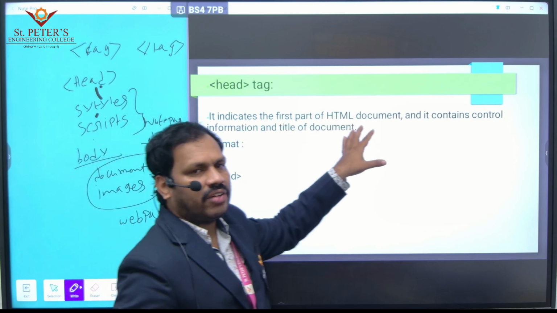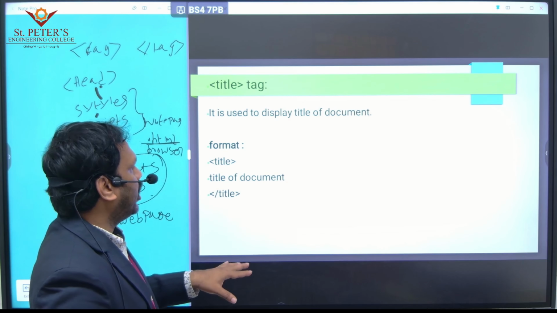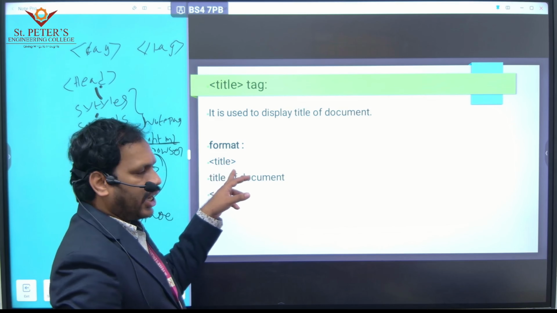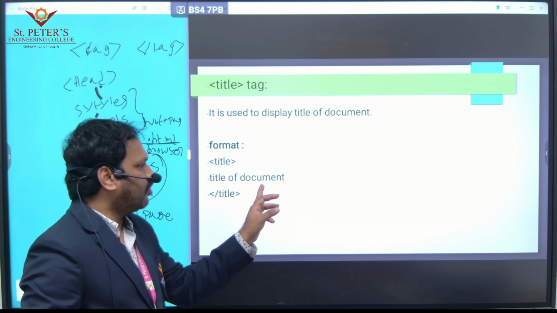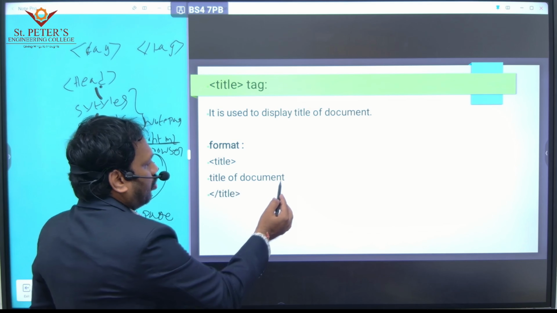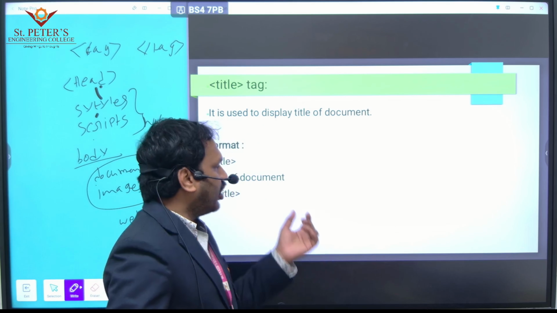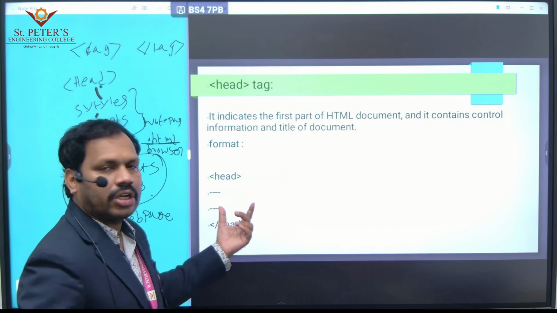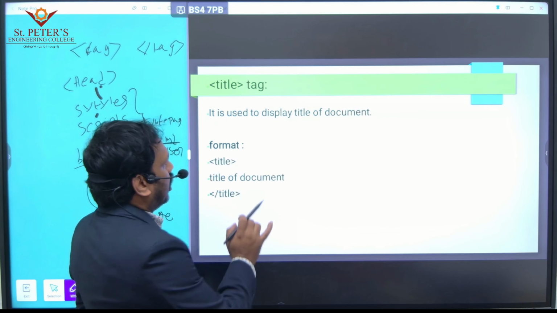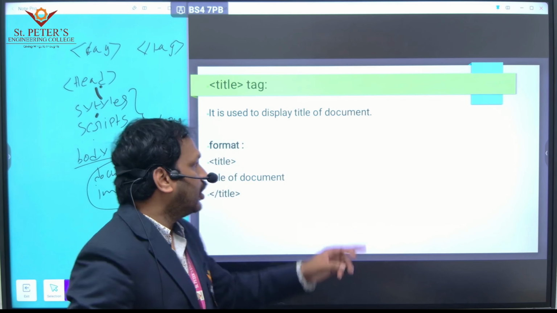The title of the page is going to be displayed here. We have to take the opening tag as title, then the name of the document, and then we specify the closing tag. So this is just a title tag, which is written inside the header tag.